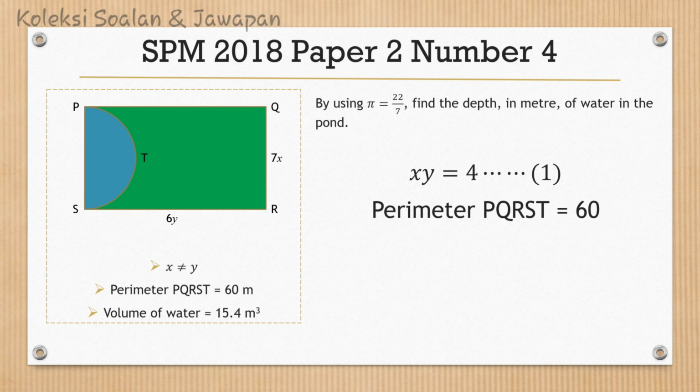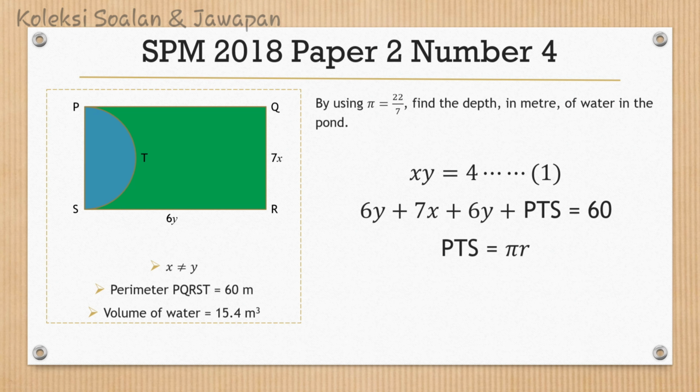For the second equation, we are given the perimeter of PQRST, which is PQ plus QR plus SR plus PTS, which is the curve PTS there. So PQ is 6y, QR is 7x, SR is 6y. For PTS, it is the length of the curve PTS for the semicircle there.